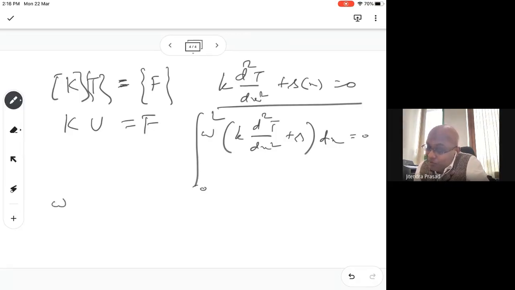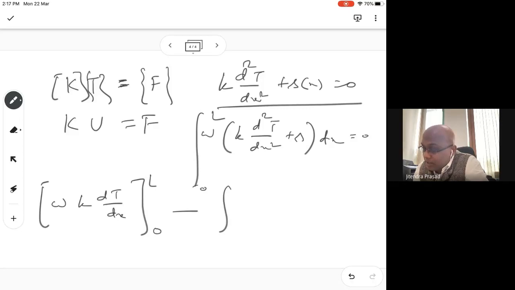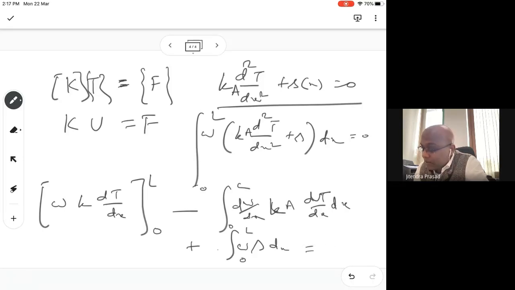You will have W, and then K dt dx, evaluated from 0 to L, and then minus dw dx K. There may be some area A also, so write area here: K A dT dx, and then you also have W S dx, 0 to L, equal to 0.